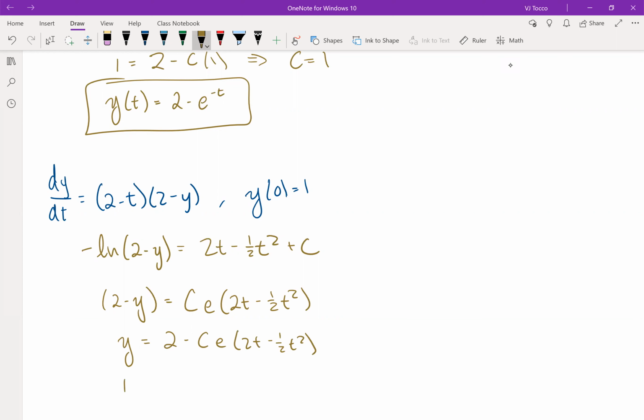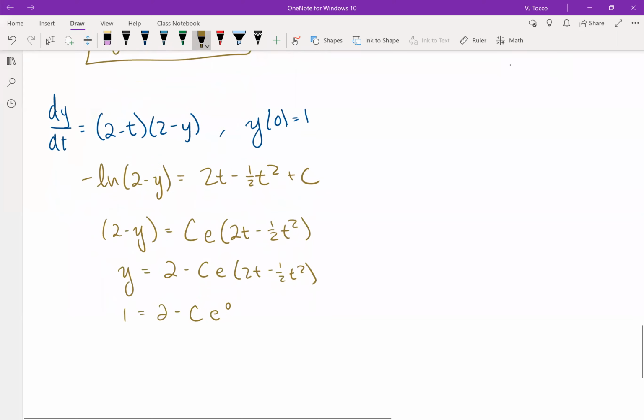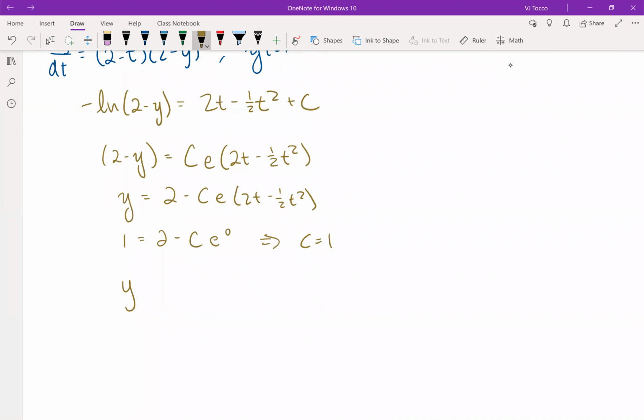And plugging in my initial condition, 1 is equal to 2 minus c e to the 0, where again, c is equal to 1. C is not always going to equal 1, by the way. These are just warm-up calculations to get you back into the swing of solving these.